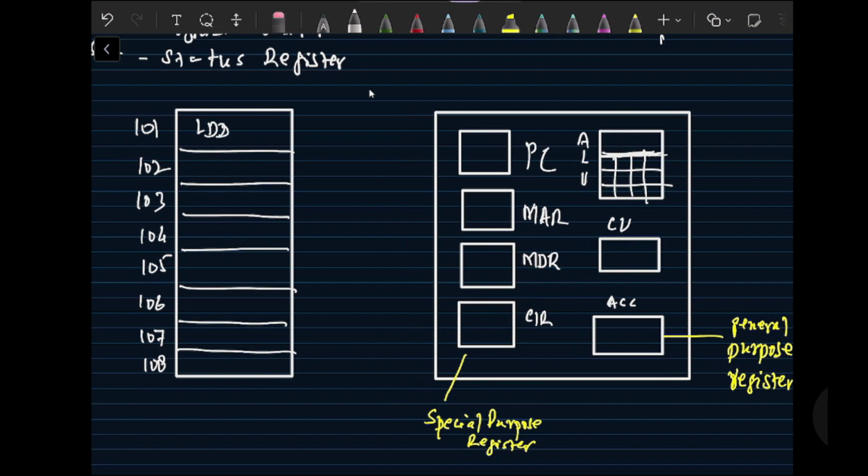This is, let's say, sample data: LDD 106, add 15, store at 108. So these are the addresses, and this is the data part. So the program counter contains the first address.